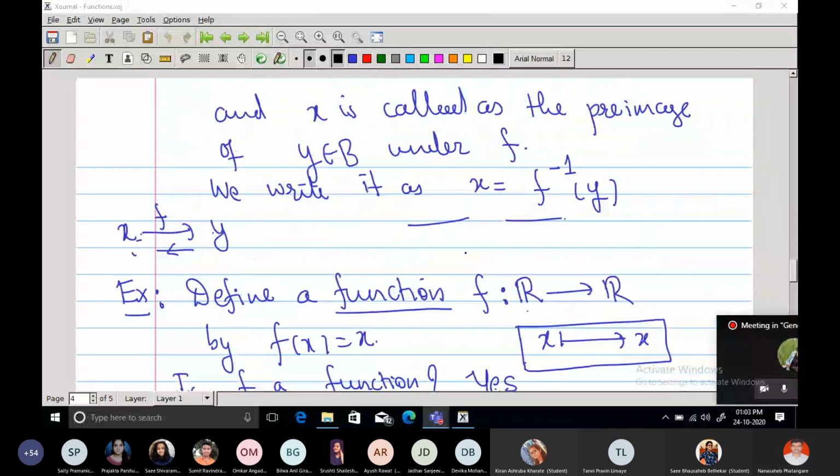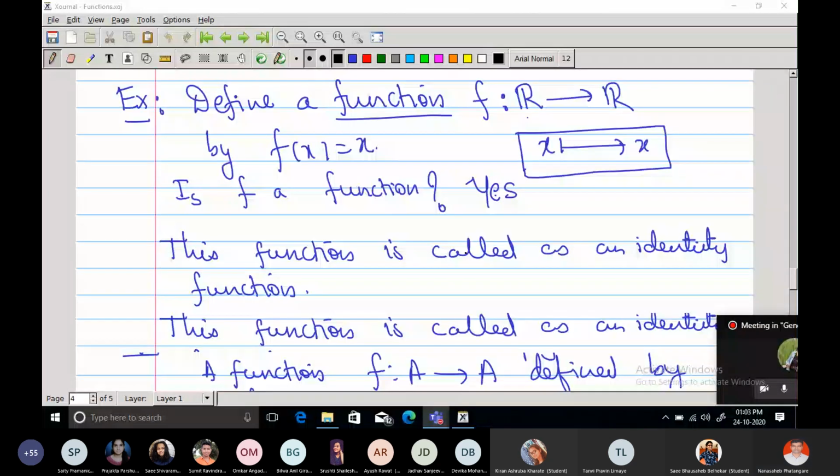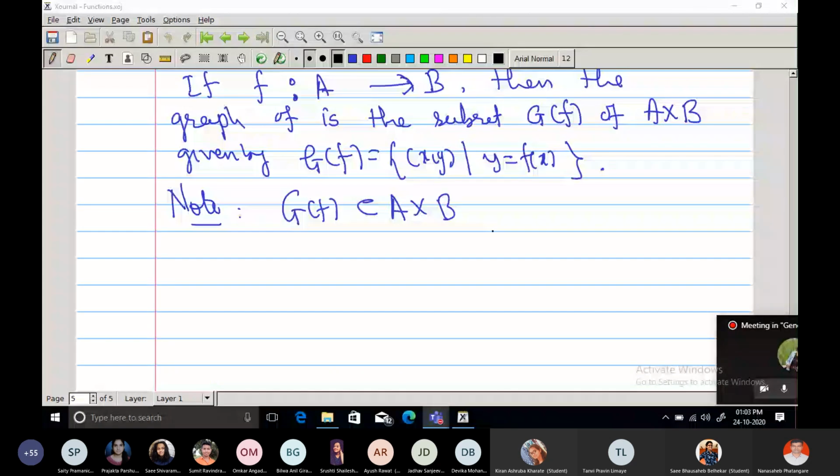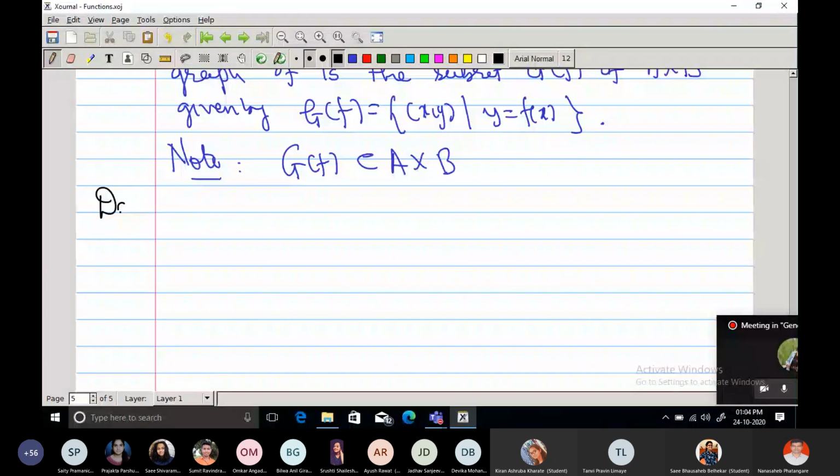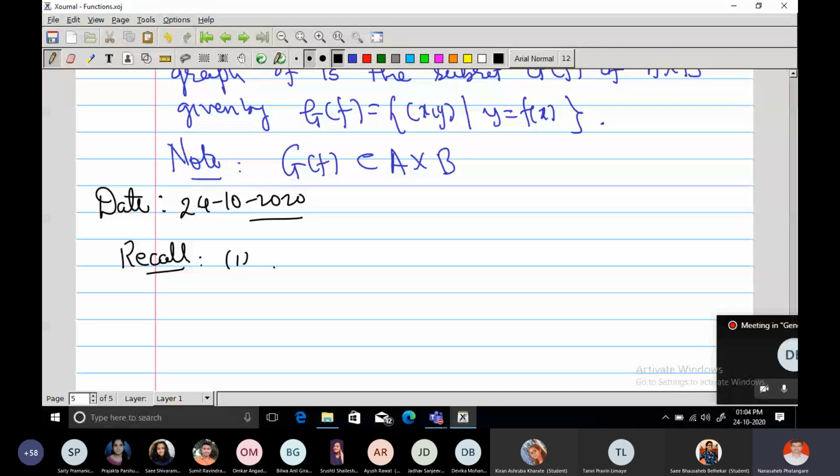So what we discussed last time: A and B are non-empty sets.